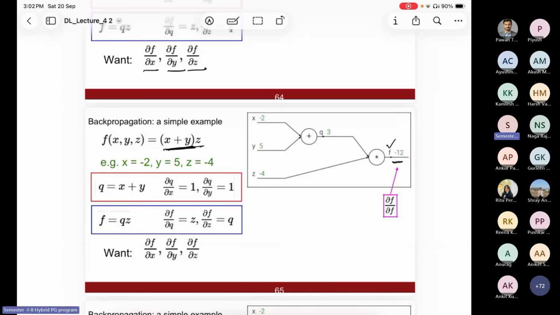So this is called the base condition. We'll see what the use of this is. Whenever you are writing some algorithm or any code, you know that a base condition is also required. So I'm just finding the base condition here. The derivative of f with respect to f will give you 1.